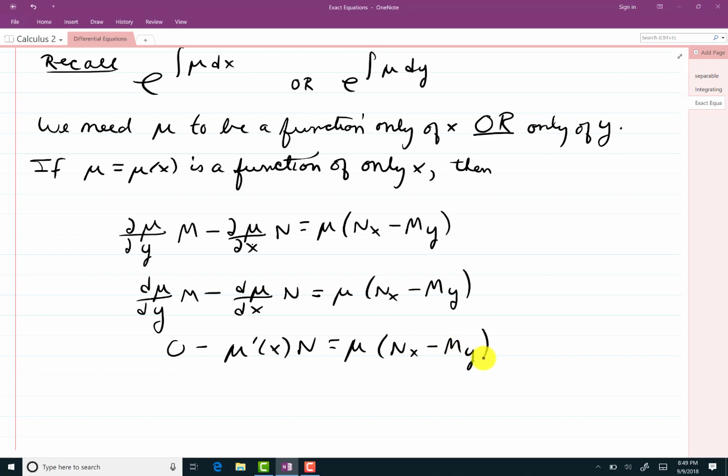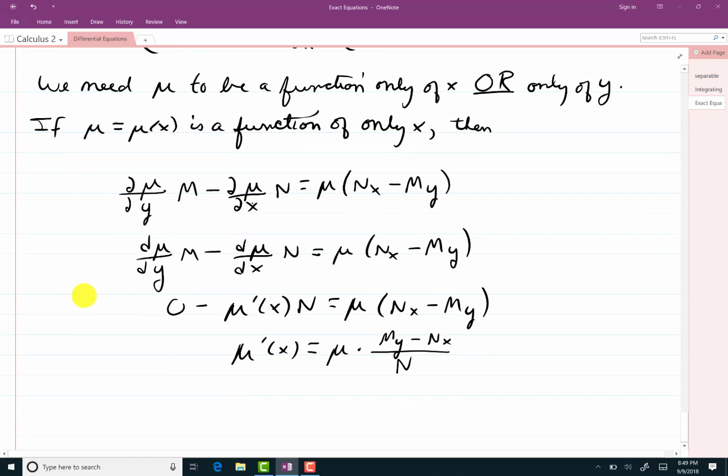Divide through by n and multiply through by -1 to get mu prime of x equals mu times, let me see, m sub y minus n sub x all over n.